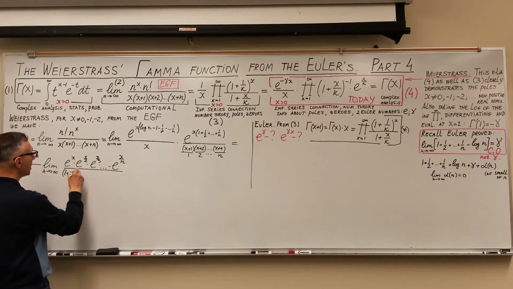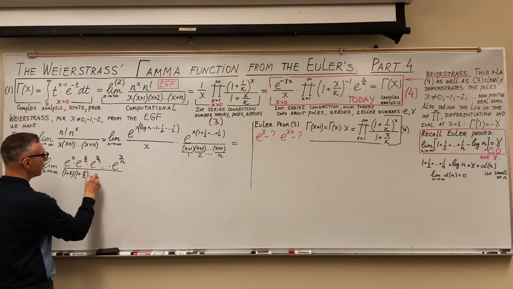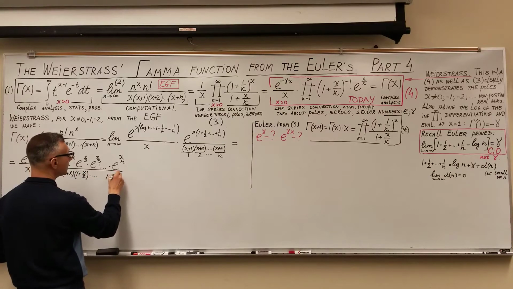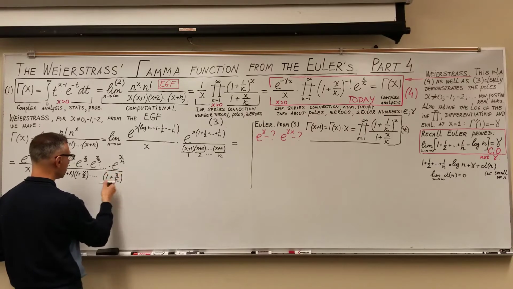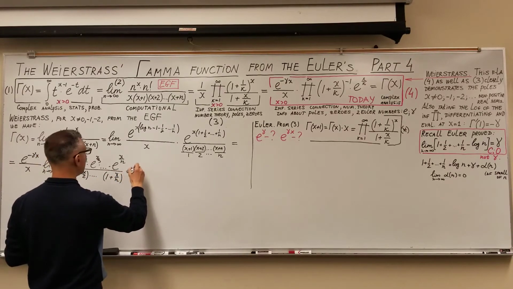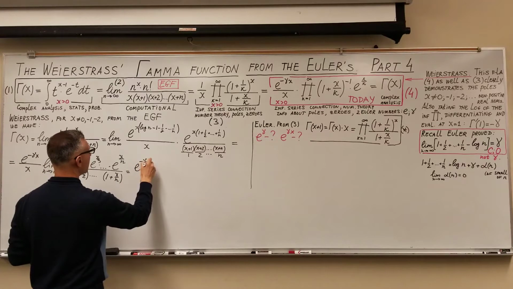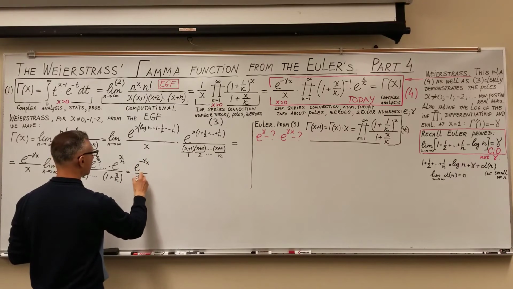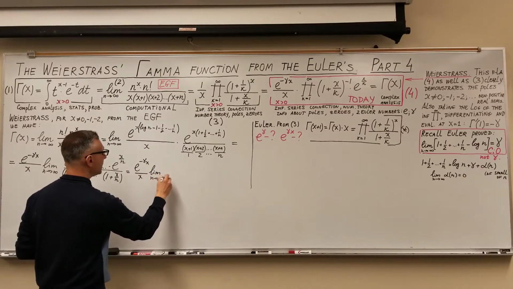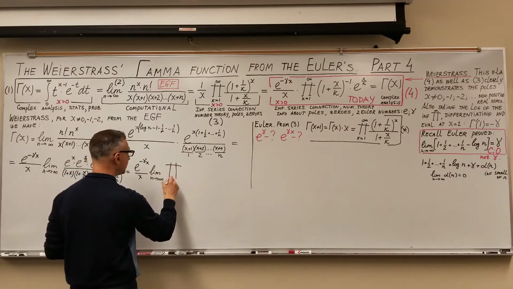The second term will be 1 plus x over 2, and so on. And the last term will be 1 plus x over n. You can see it's a partial product here. So it's equal to e to the minus gamma x over x, the limit, n goes to infinity of this partial product.